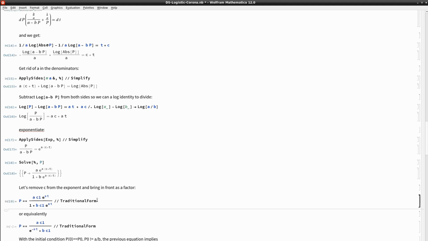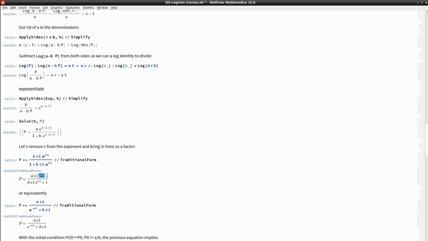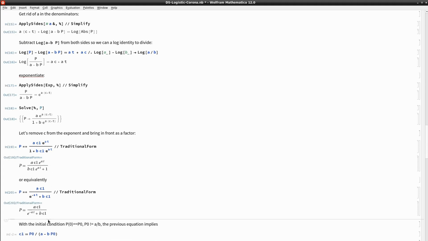Okay, and after we've done this, we can now also divide by the exponential function e to the at, which means two terms are losing it, and 1 over this exponential is now e to the minus at.